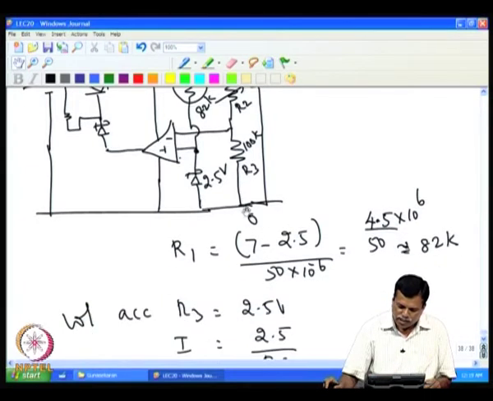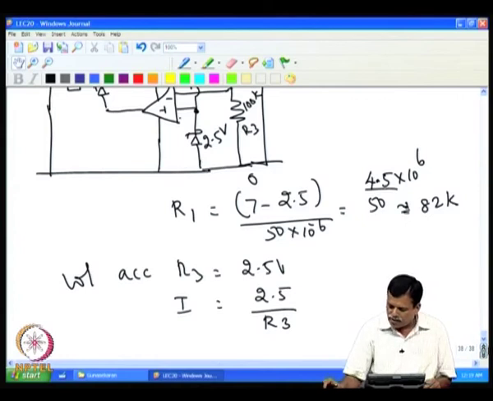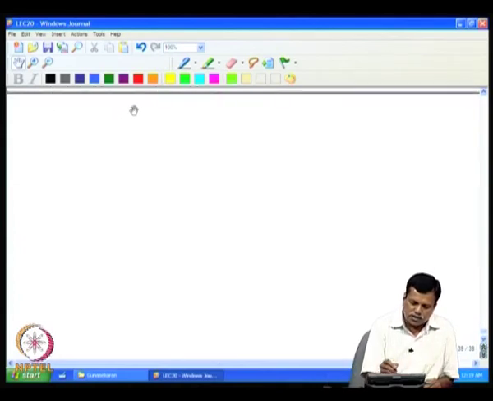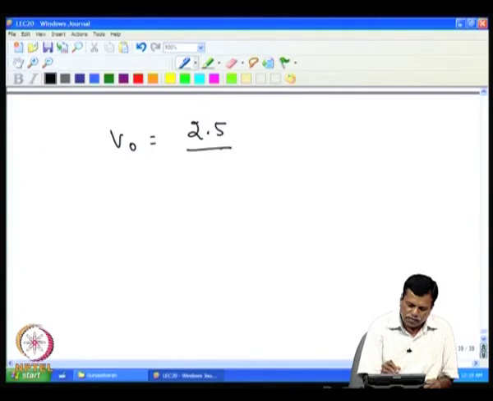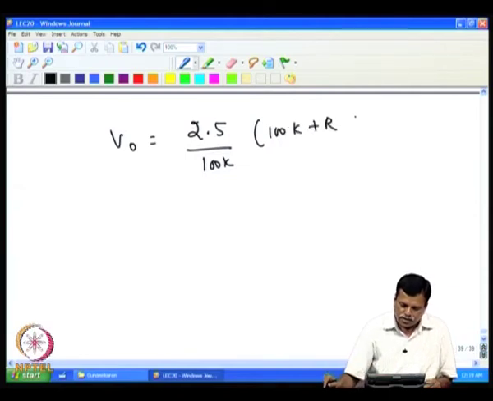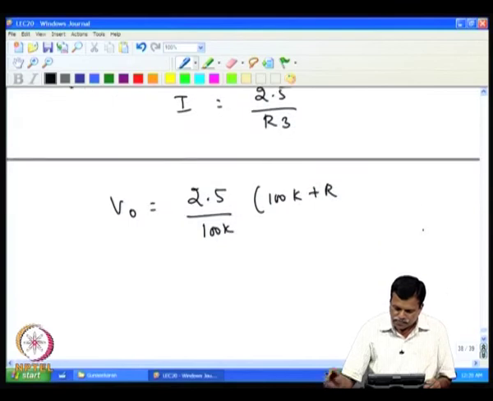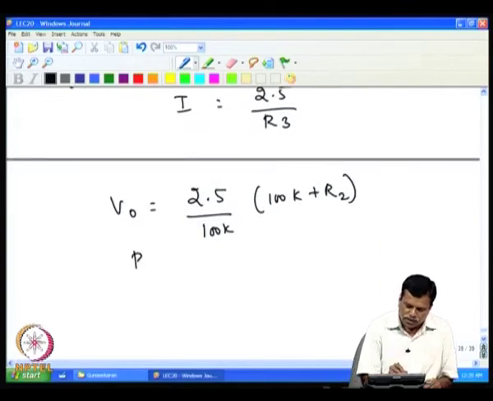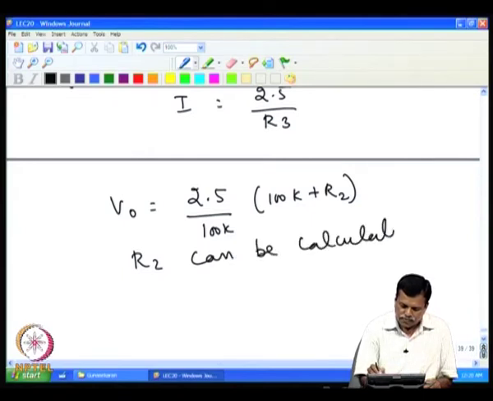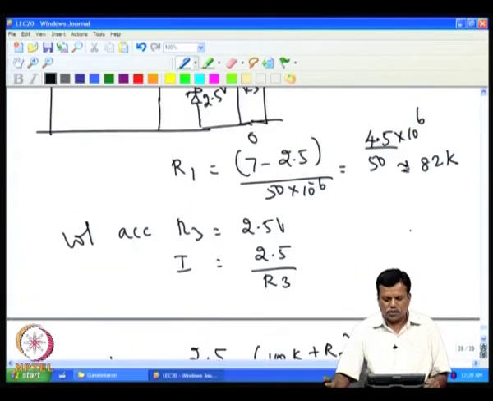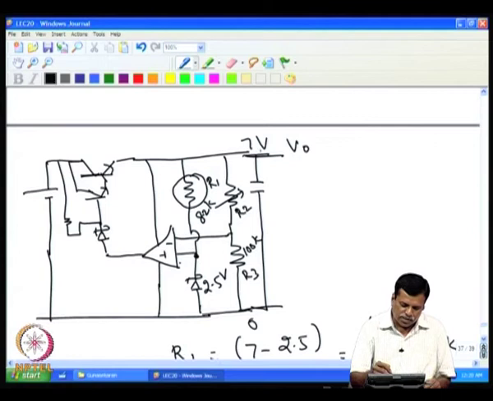Essentially, the output voltage V0 is given by 2.5 by 100k into 100k plus R2. So R2 can be calculated, and by fixing the required R2, one can get the 7 volt that is required at the output.